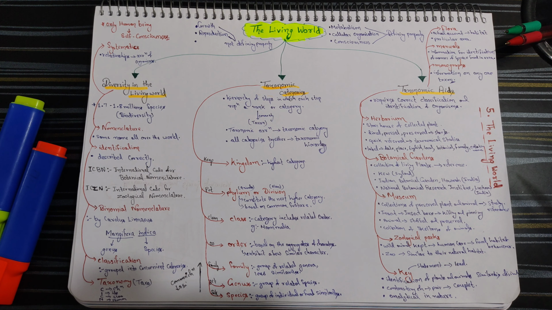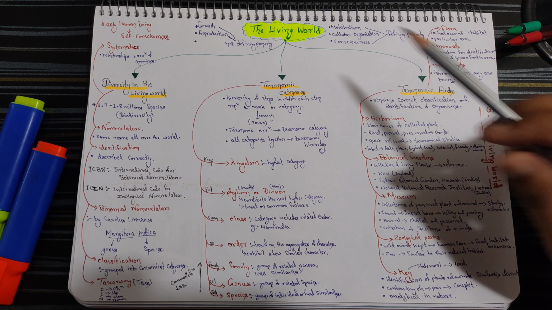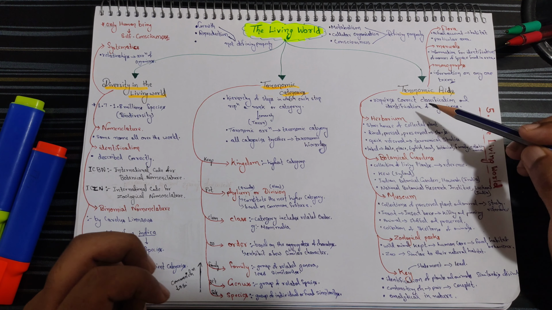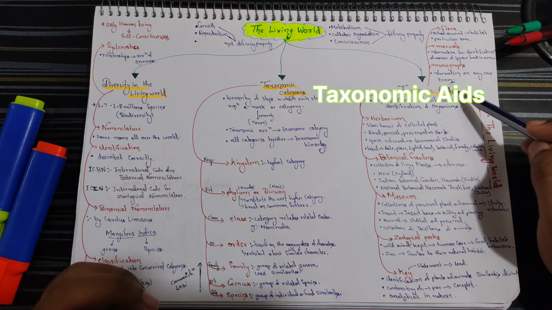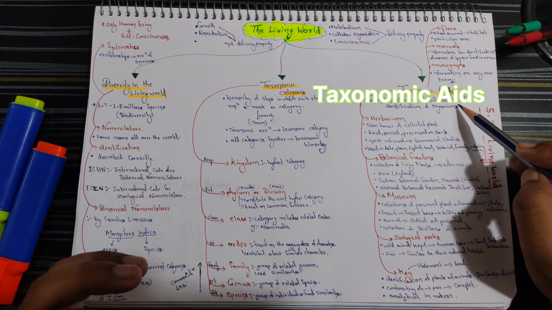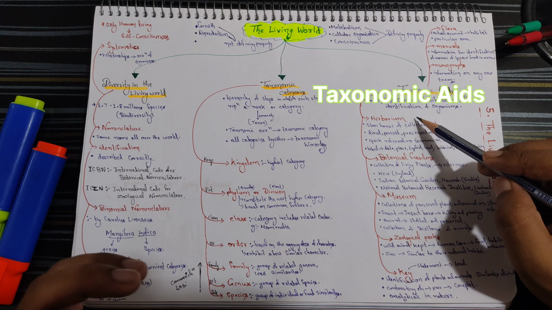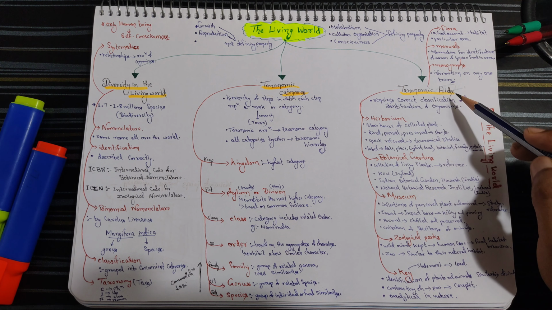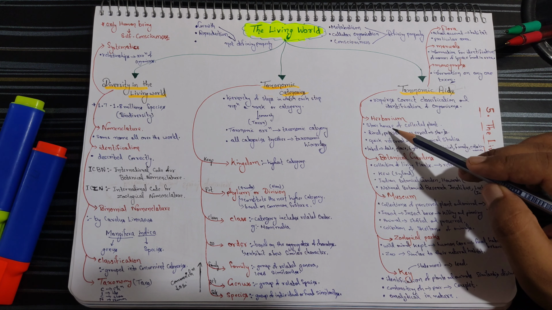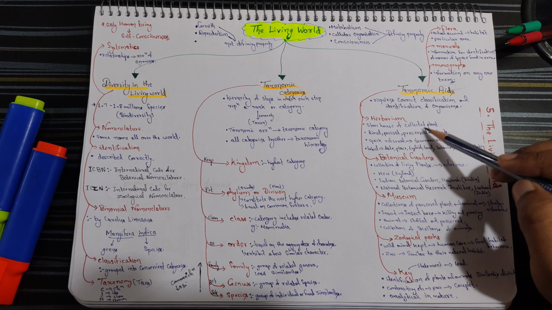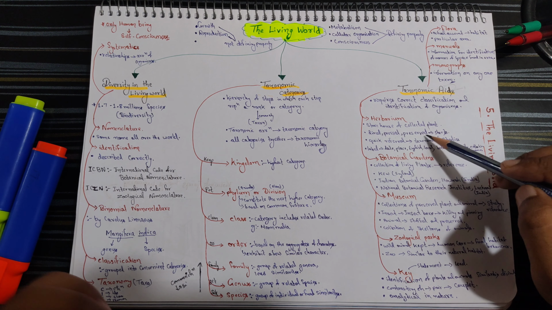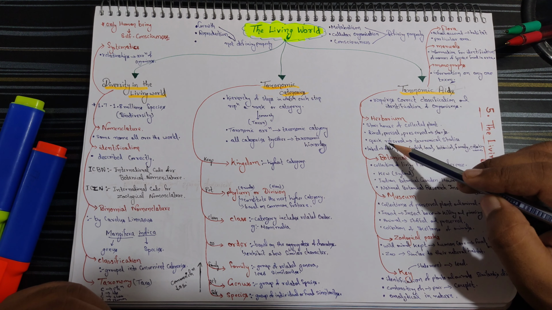And the another part of the living world is taxonomic aids. Taxonomic aids help in the correct classification and identification of organisms. And further, herbarium is a storehouse of collected plants, dried, pressed and preserved on a sheet.